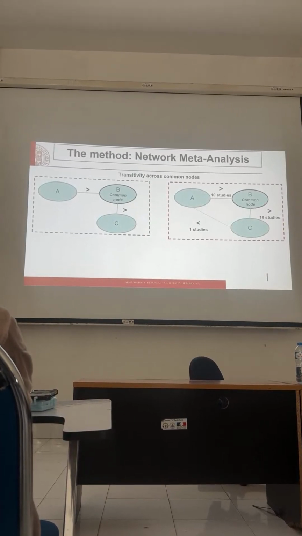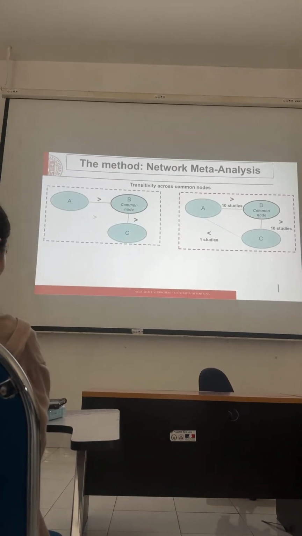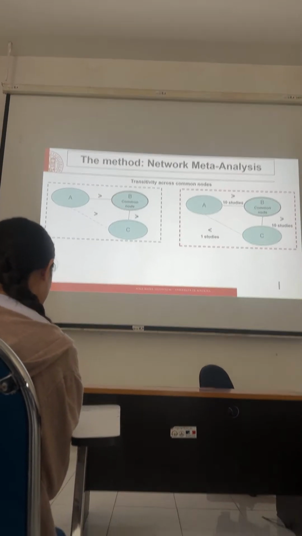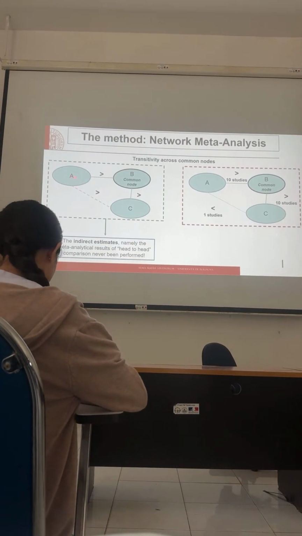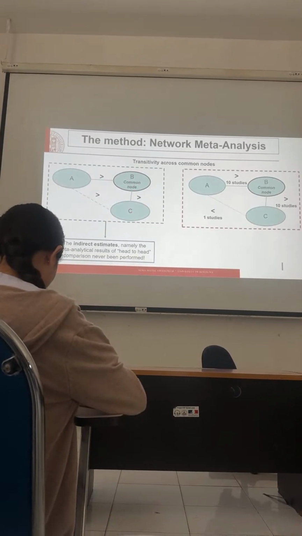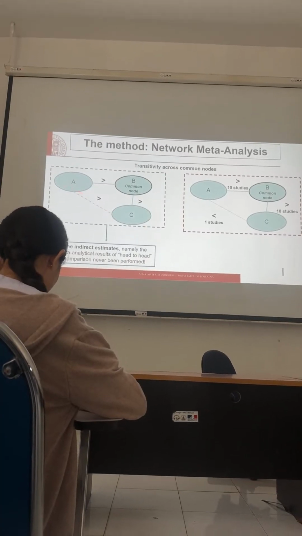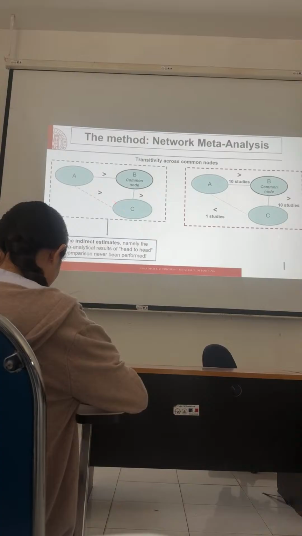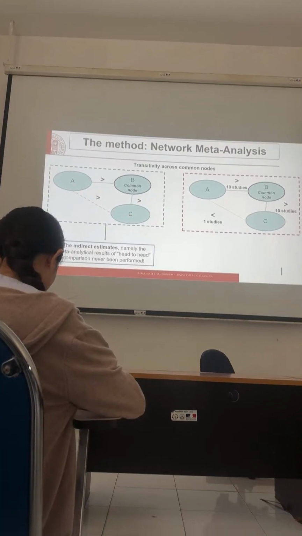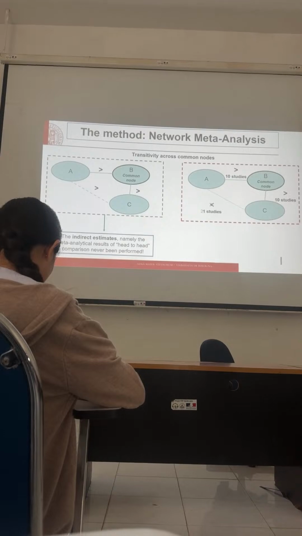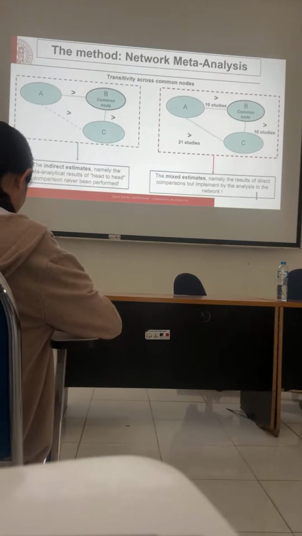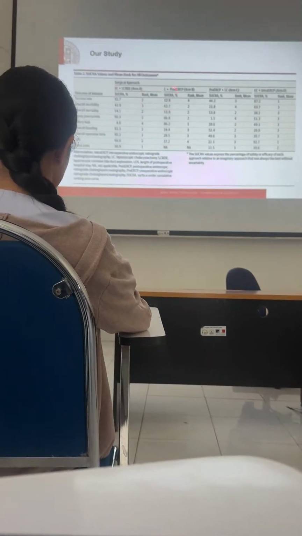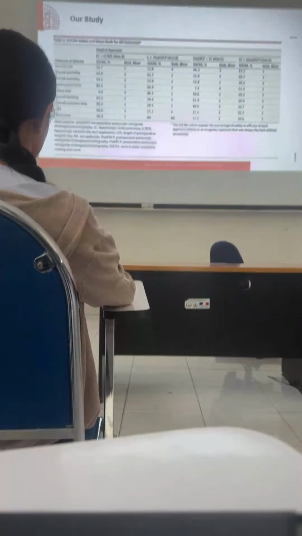The method is called network meta-analysis, which starts from transitivity properties. So if A has a common node with B, and B has the same with C, then we can say approximately the same relation between A and C. We did the same thing with the studies.